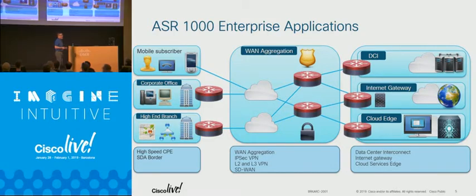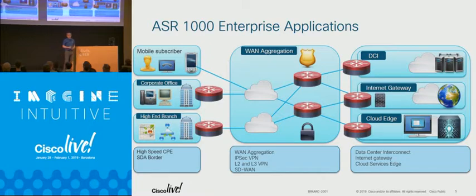ASR1000 is the SDA border node. How many of you are familiar with Cisco SDA architecture? SDA is the Cisco software-defined access architecture for campus, for branch, fabric, controlled with DNA automation and the policies.